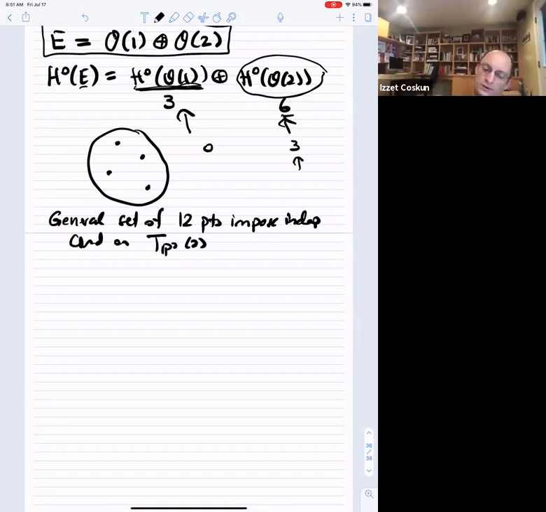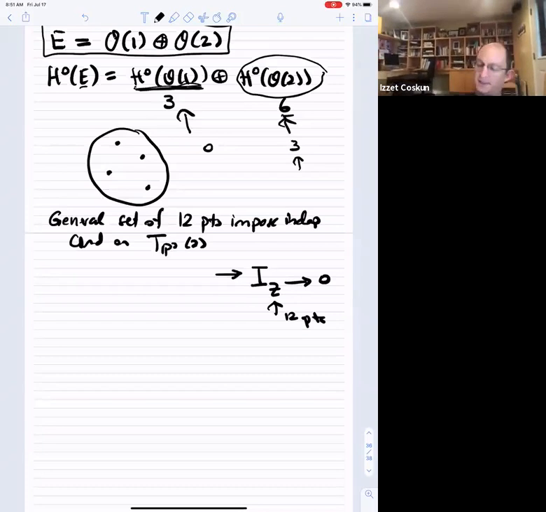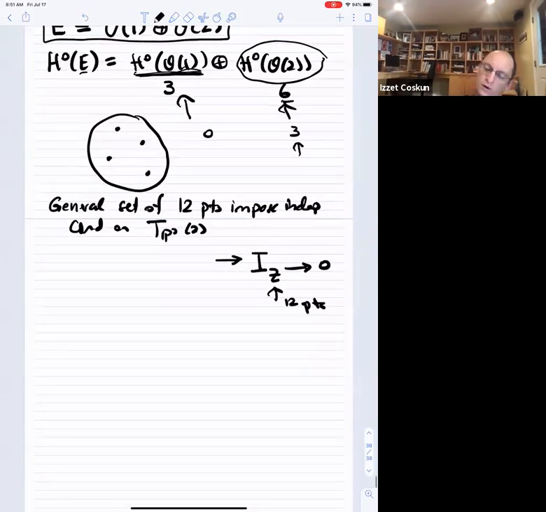So, if you want to compute the cohomology, what you need to do is find a resolution of a general set of 12 points. Suppose you have a general set of 12 points, then you can look at quartics that contain those 12 points. There's a 15-dimensional vector space of quartics. If you ask that they vanish at these 12 general points, you get 3 quartics.